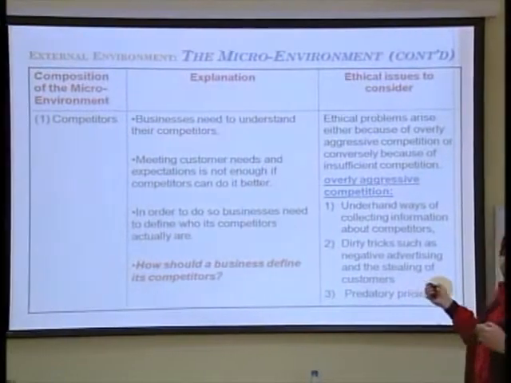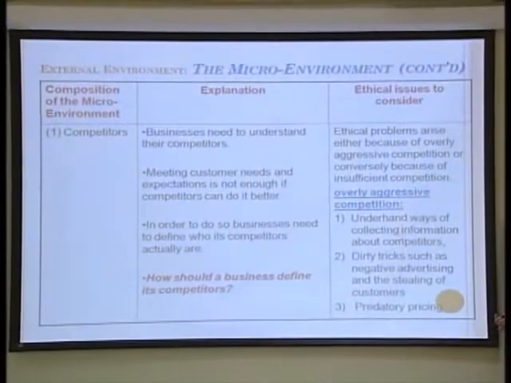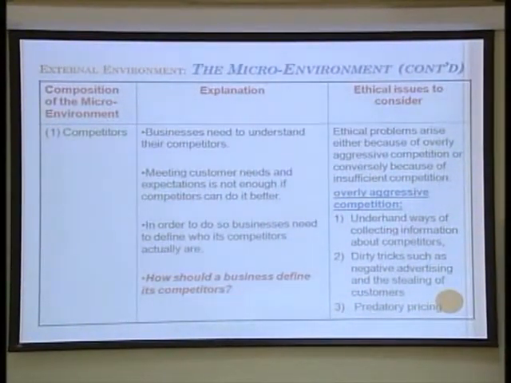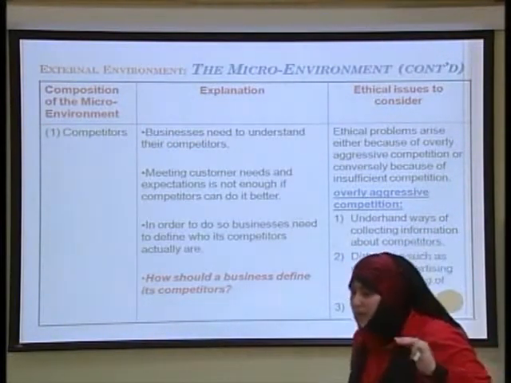When we talk about overly aggressive competition, there are three examples of unethical behavior. For example, the underhand ways of collecting information about competitors, to collect information about competitors in an unethical way.